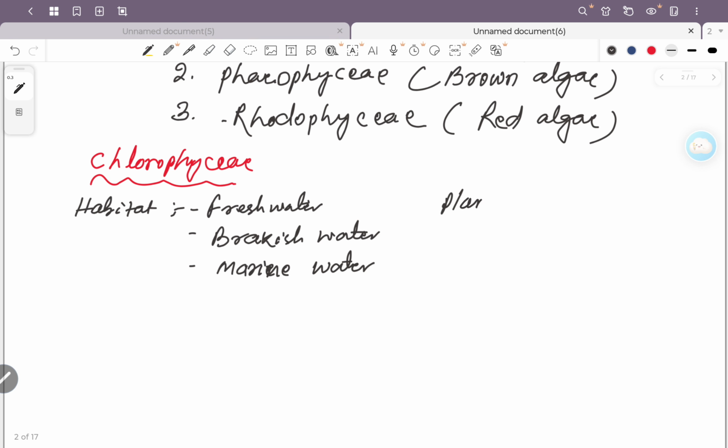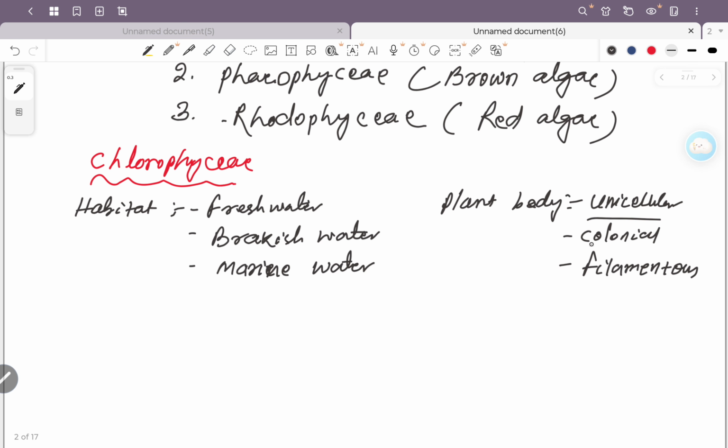Now come to the plant body. The plant body may be unicellular, or colonial, or filamentous. I have already discussed what colonial and filamentous forms are, so I am not repeating this.